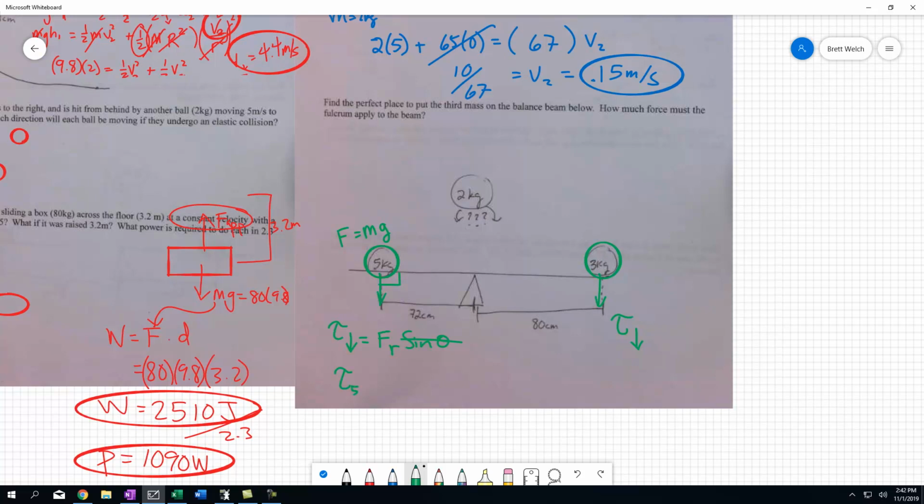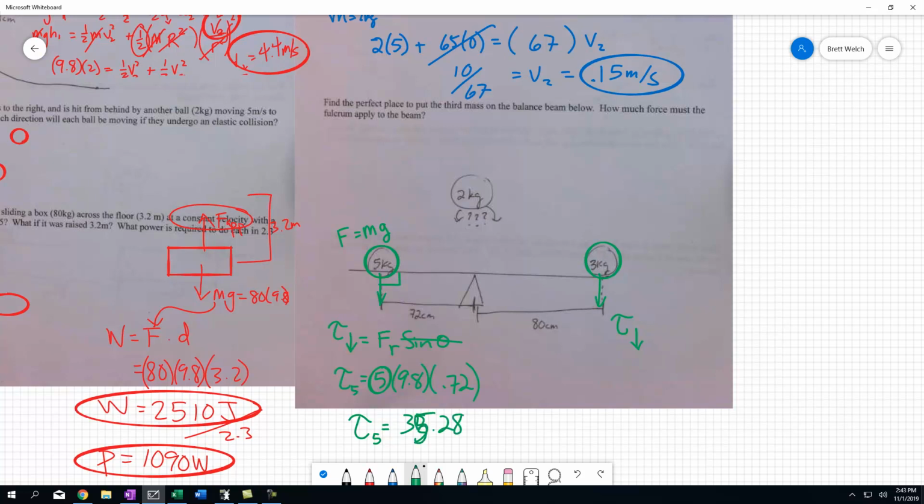But the torque of the 5 kilogram mass would be the mass 5 times 9.8 times the radius, and it's at 0.72 meters. So the torque of the 5 kilogram mass is roughly 35.28.